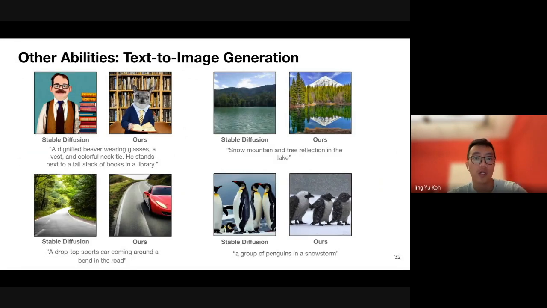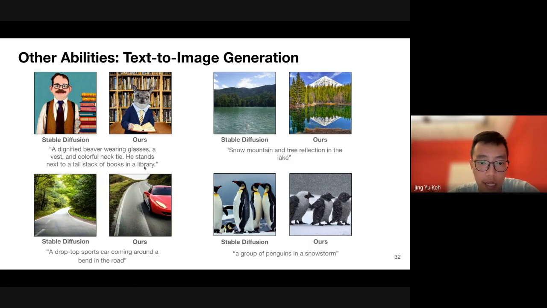Other abilities of GILL include text to image generation. Because it's using a language model to process the input text, it's able to process longer captions a lot better. It's able to be more sensitive to input prompts and produce better embeddings. So we actually compared some examples from the PartiPrompts dataset against Stable Diffusion.